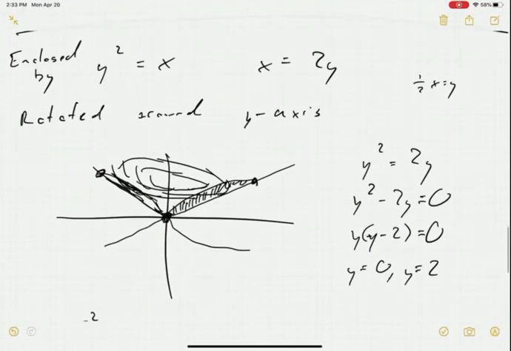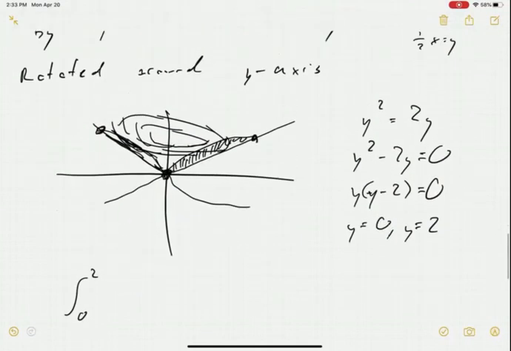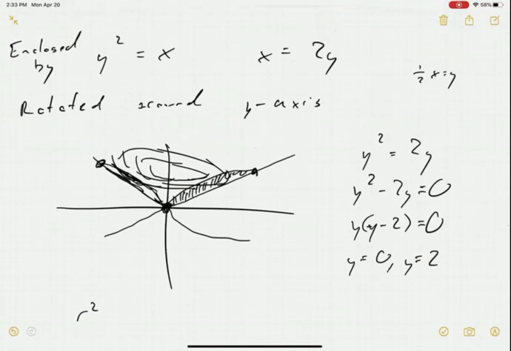I've rotated around the y-axis, so I want to do everything in terms of y. What's my outer radius?